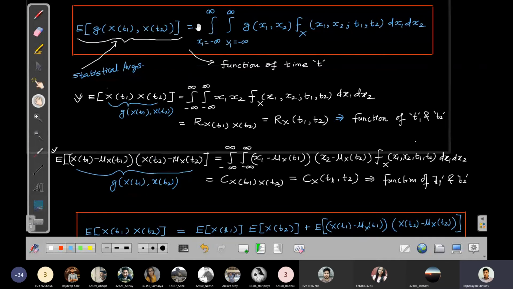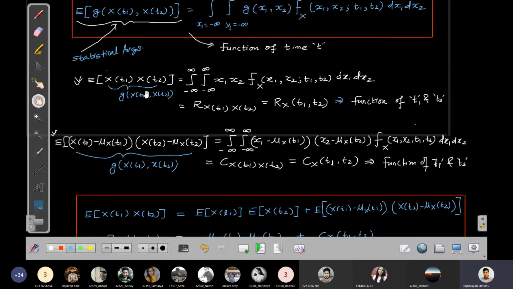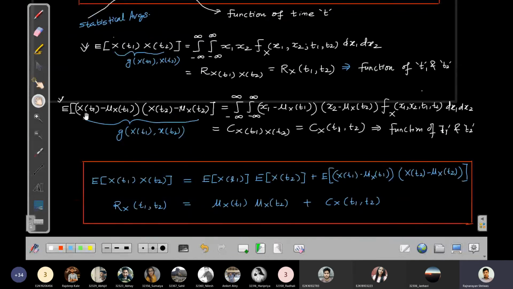So you have to remember this formula, and you have to understand when you multiply these two, you get autocorrelation, and when you subtract the mean from each random variable and then multiply them, then you will get autocovariance.